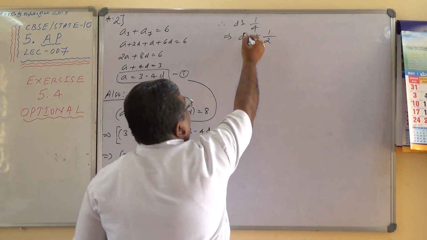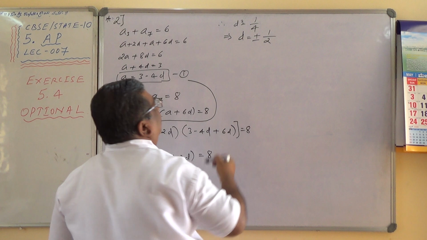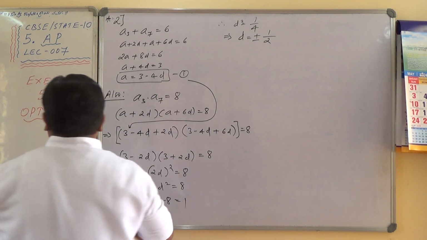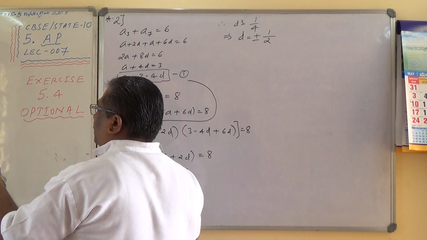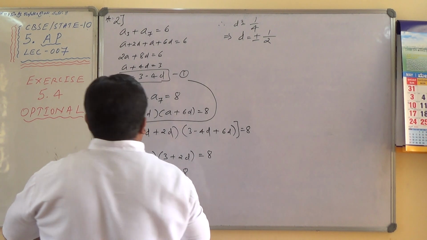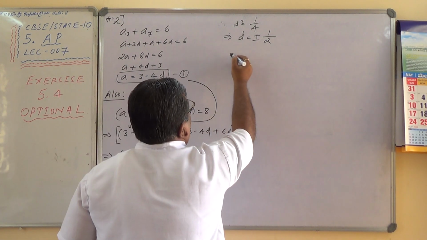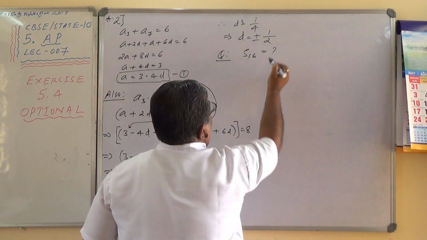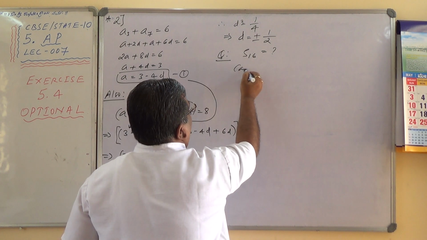Now therefore we have two values of D. We have been asked to find out the sum of first 16 terms. Question is S16 equals question mark.